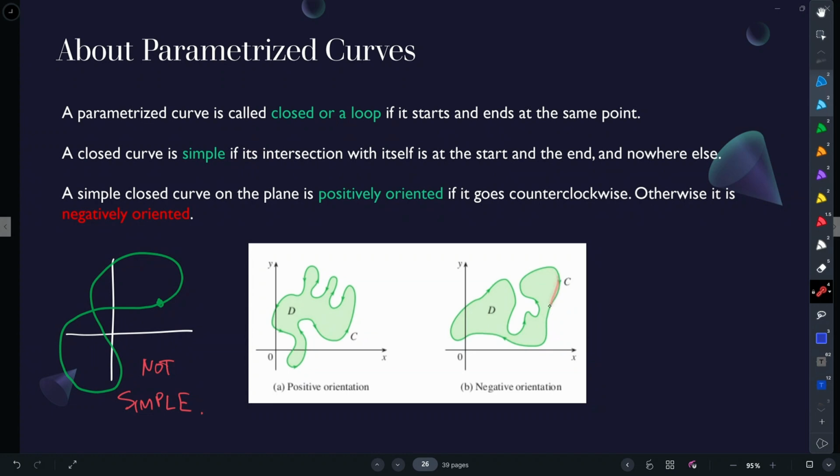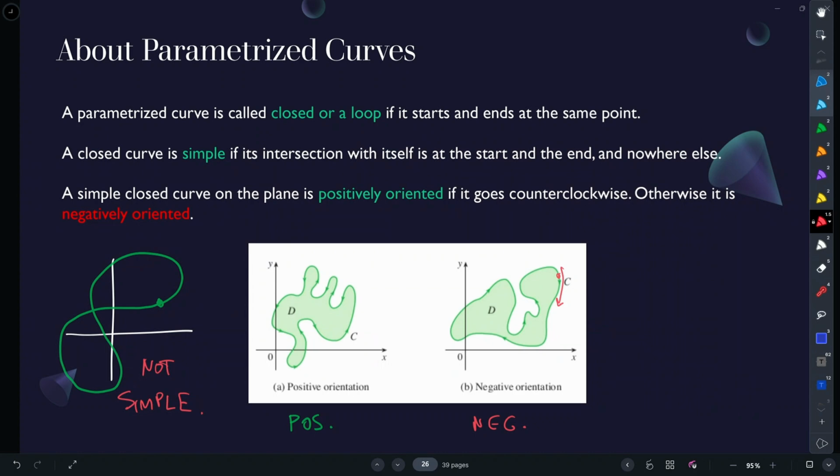So this is positively oriented, while this one, you can see that from here we're moving in that direction, so it's moving clockwise, so it is negatively oriented.